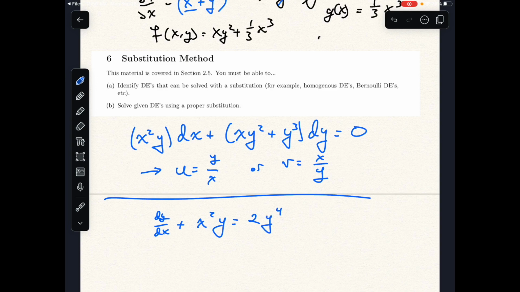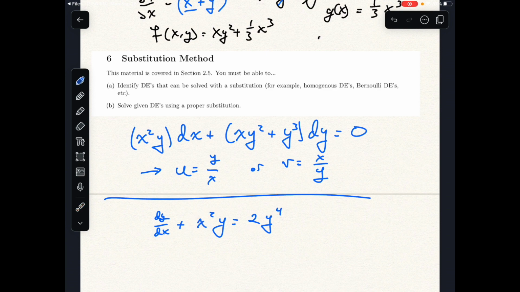This is not linear because the y to the 4th is not a linear term, right? So it's not linear, but it is Bernoulli. Bernoulli says you have dy dx plus something times y is equal to something times y to the n, and n can be whatever you want.